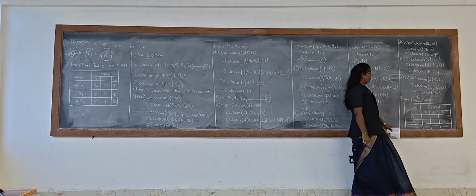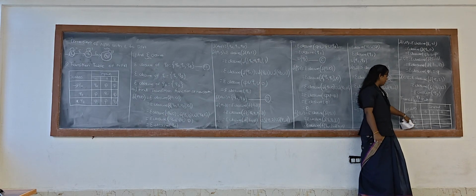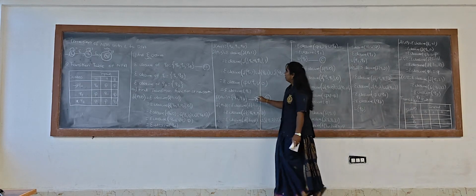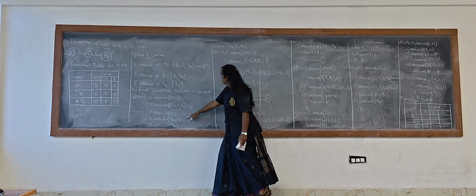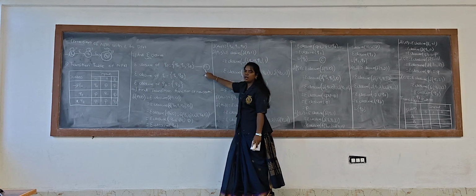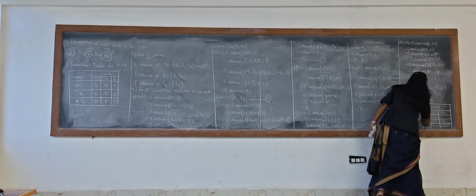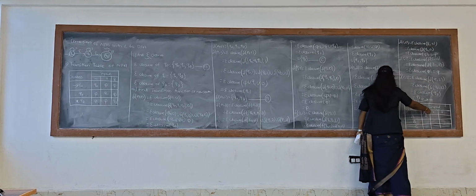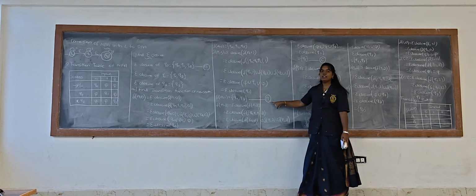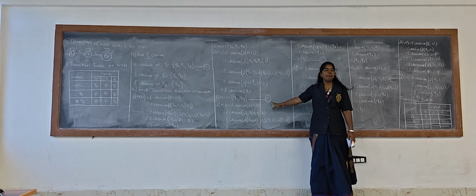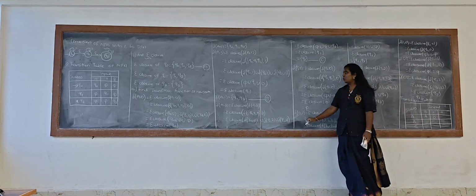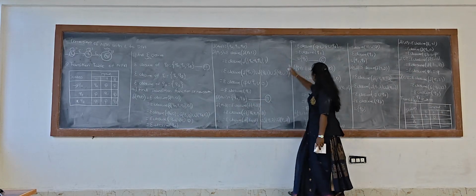The state A reading the input symbol 0 means transition of A comma 0, it will move on to Q0, Q1, Q2, which means A. Next is A comma 1, which means Q1, Q2, which means the state B. Next is A comma 2, which means transition of A comma 2. So it will reach the state Q2, which means C.